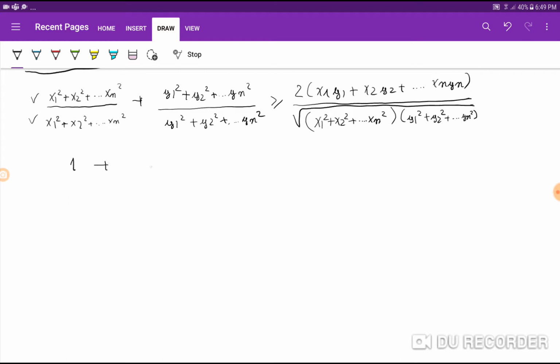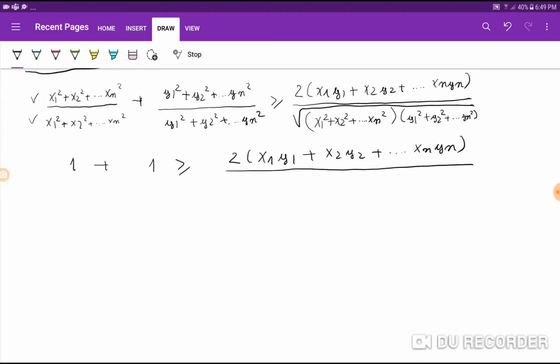Similarly, this guy is the same, so 1 plus 1 is greater than or equal to 2 times x1 y1 plus x2 y2 plus all the way to xn yn over the square root of x1 squared plus x2 squared plus all the way to xn squared times y1 squared plus y2 squared plus all the way to yn squared.